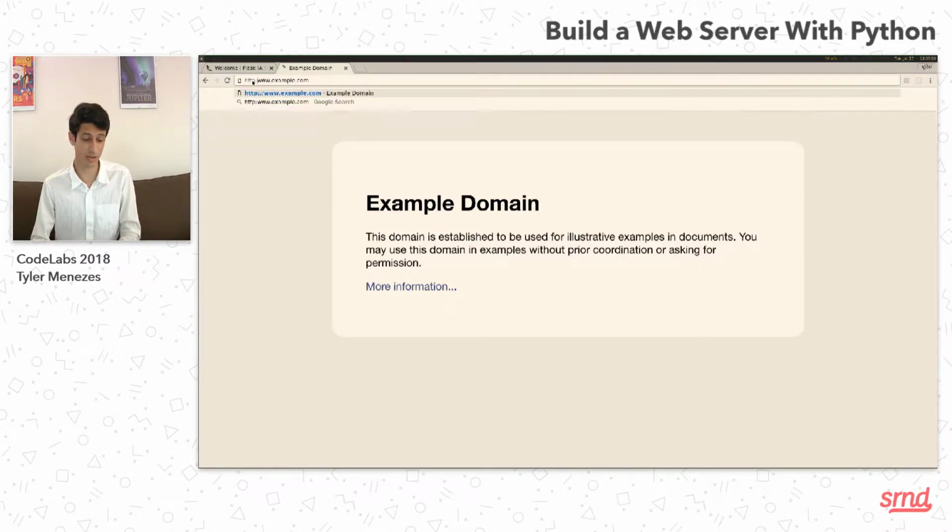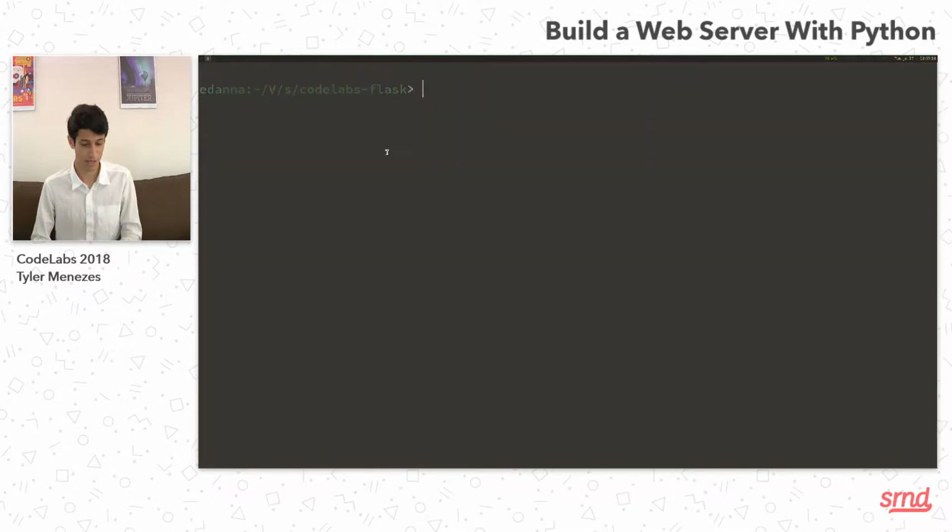Again, it's http://example.com. And that's how you can tell that it is an HTTP website, not an HTTPS. So the way that we're going to connect to this website ourselves is we're going to type telnet example.com 80. Now, what does 80 mean? It's the web port.